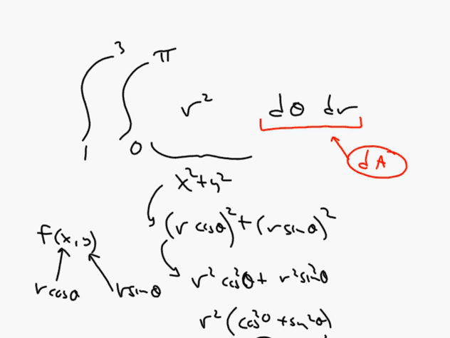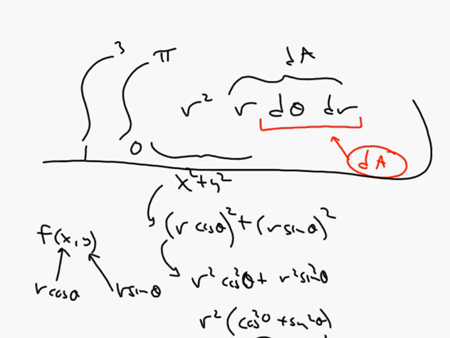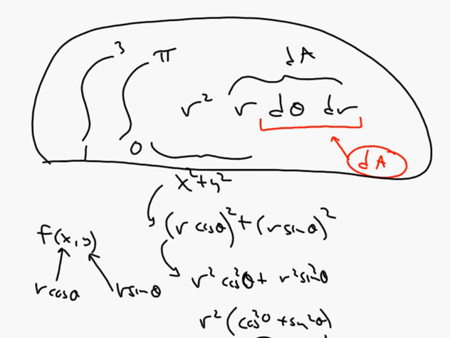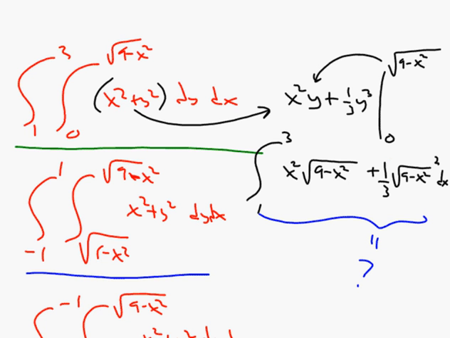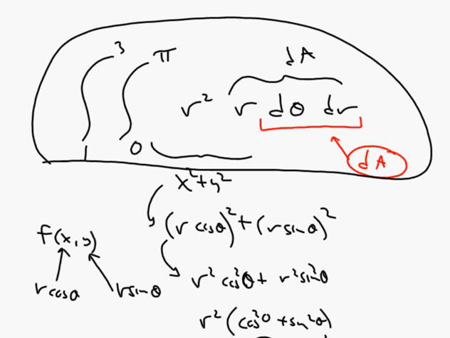The only thing missing here was a factor of R, because our dA, which is what this is supposed to be, is R d theta dr. Now, look at this new integral, and think about that compared to this. I think that just makes the case on its own. This is a much easier integral to compute. So we can do that, actually.